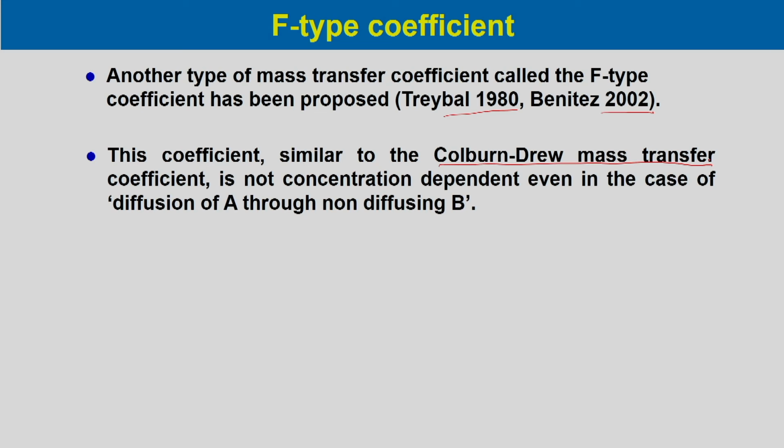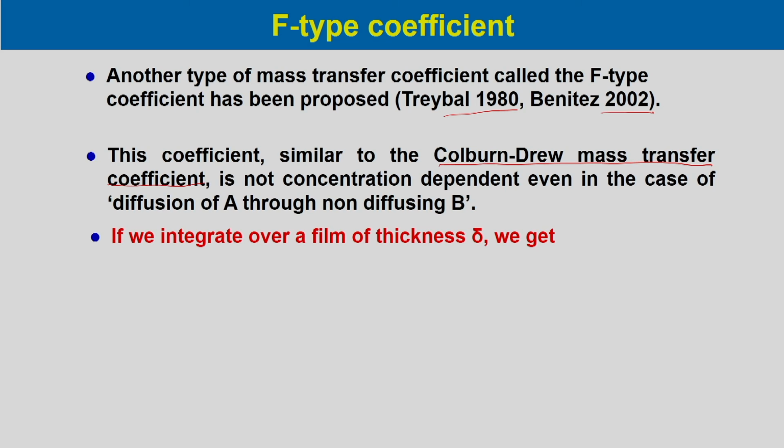It is similar to the Colburn-Drew mass transfer coefficient and is not concentration dependent even in case of the diffusion of A through non-diffusing B. So, for both cases, that is equimolar counter diffusion of component A and B, and also the case of diffusion of A through non-diffusing B, this F type mass transfer coefficient is independent of the concentration terms.